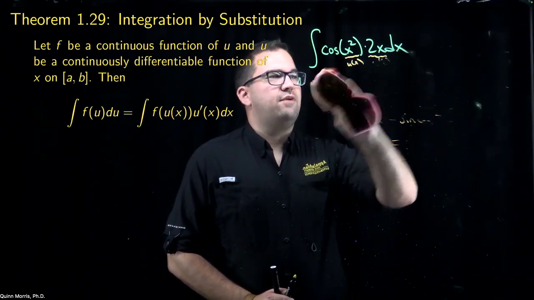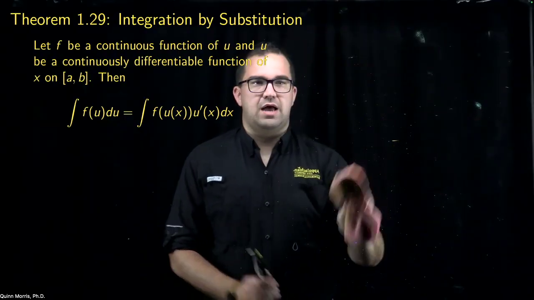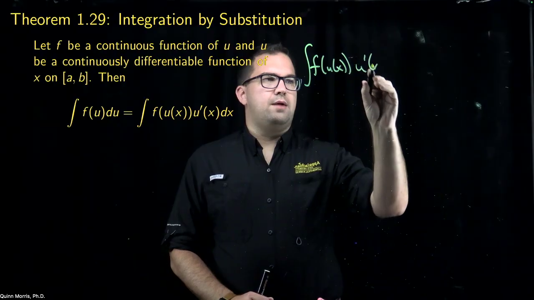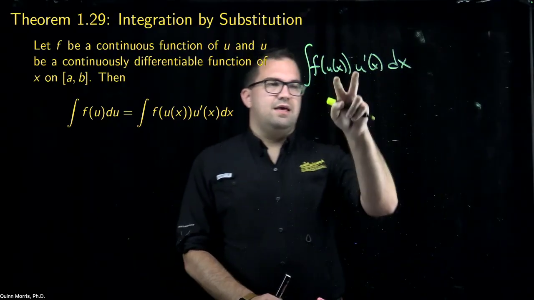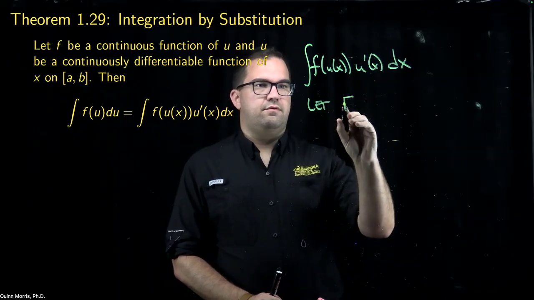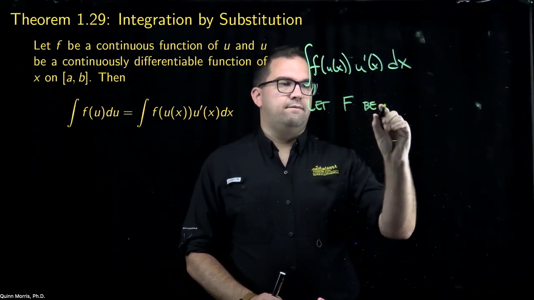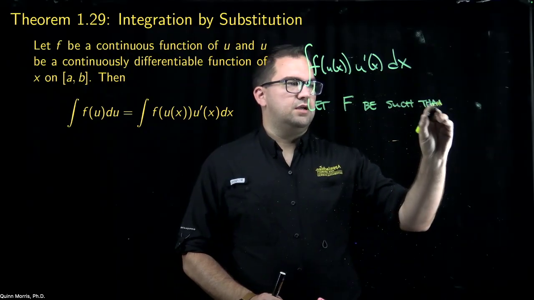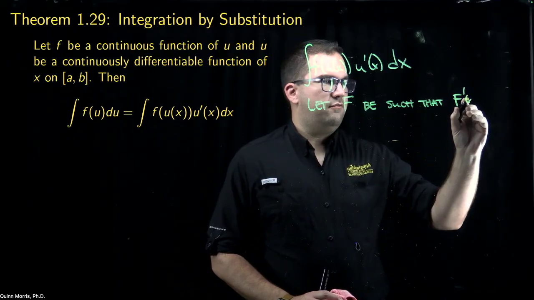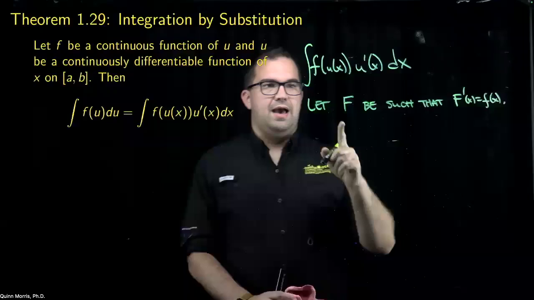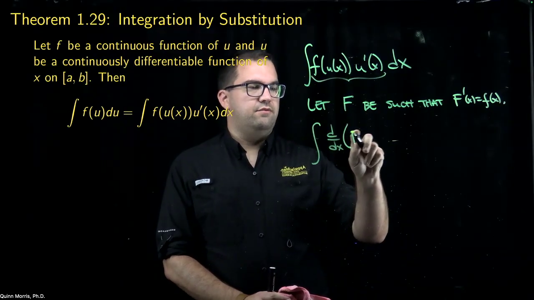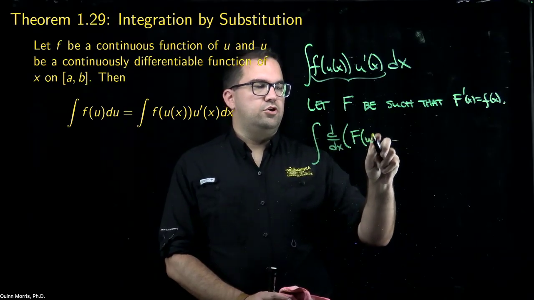Well, the idea is if I were to look at the right-hand side of this expression, the integral of f of u of x times u prime of x dx, I can see that if I let capital F be some antiderivative of little f, so that the derivative of capital F is equal to little f, then this expression sitting here is just the derivative of capital F of u of x.